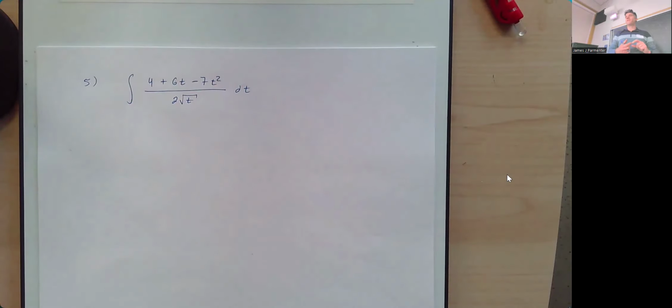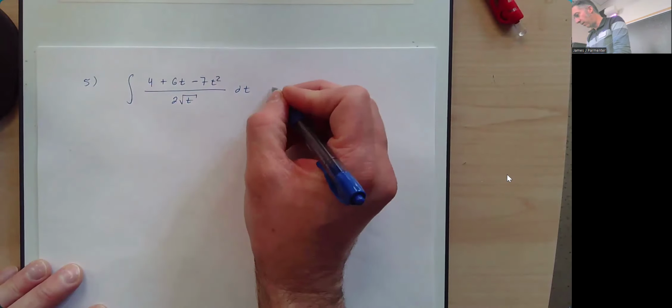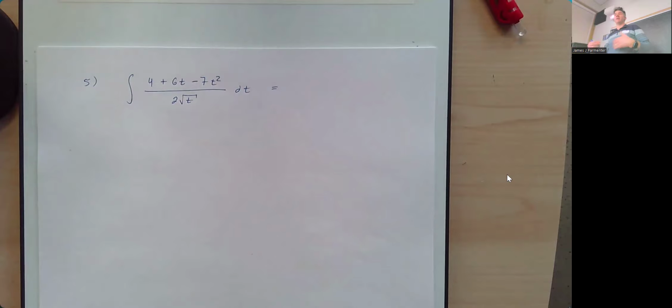There's a couple different ways to go about this. I personally prefer the way where we think about rewriting as each thing divided by the denominator. And I should say, this is really only applicable if you have a quotient where your denominator is one term. Like if my denominator was t plus 5 or something else that had addition or subtraction, I couldn't do what I'm about to do. I mean, I could, but it wouldn't be effective.